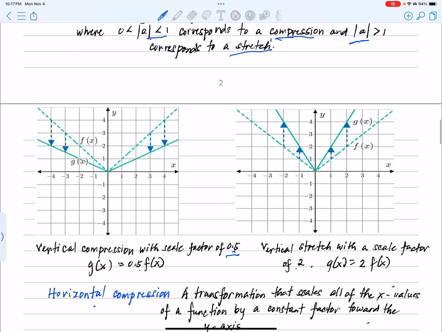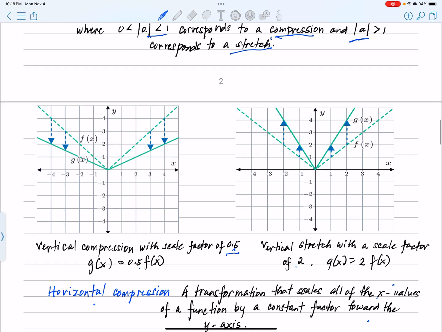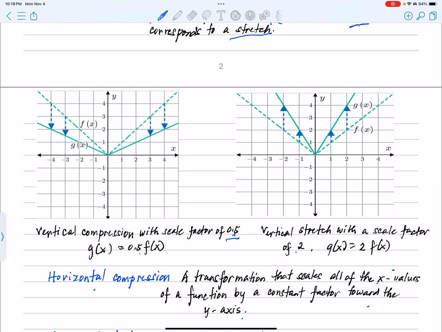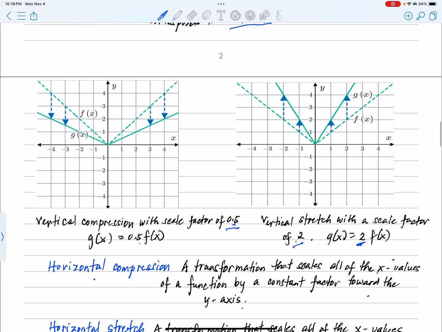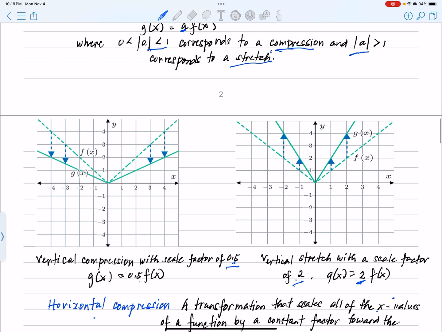So what happened is that the line now is compressed, moved up, while here it is a vertical stretch with a scale factor of 2. The g of x, the a there is 2, and it is stretched because the scale factor is greater than 1.